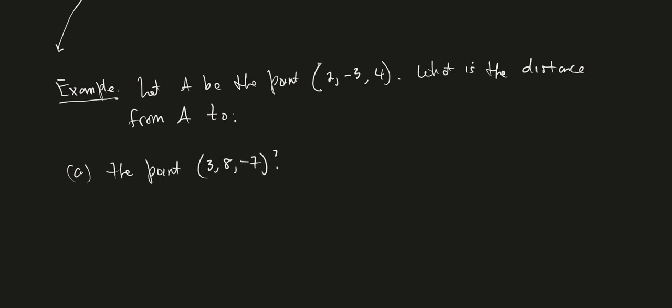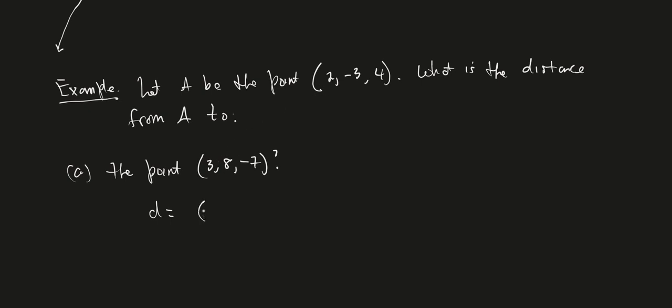Well, we can use our distance formula. So here's our answer here. Our distance is, and notice I'm not going to sketch these for this particular part. I'm just going to identify that here's x1, y1, z1, and then here is x2, y2, z2, and I'm going to take the difference between the x values.